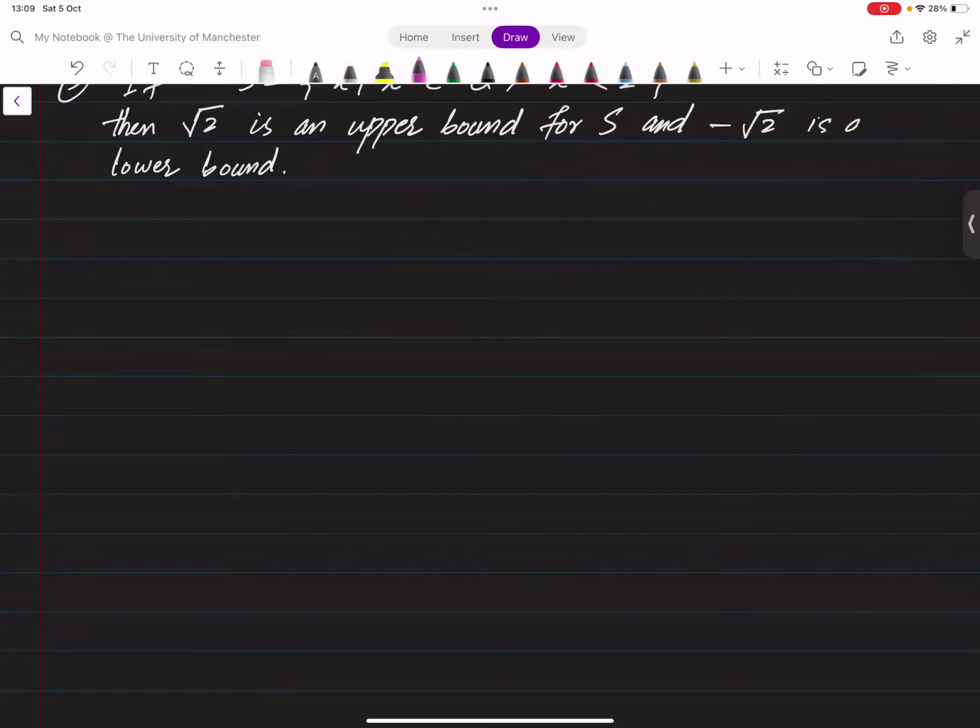So let's write that question also. Among all the upper bounds, is there always a least one?